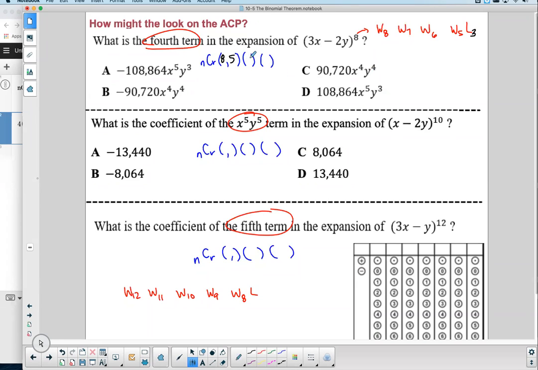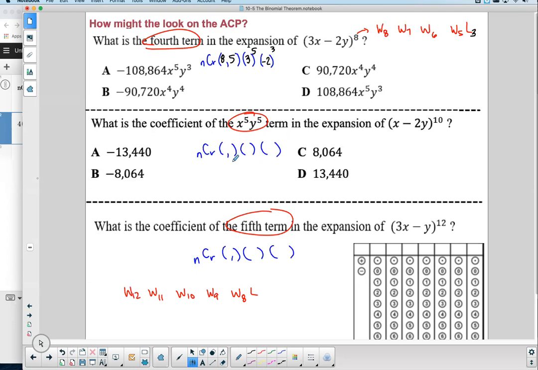What did you put in this spot? 3. 3. And this spot? 2. Okay, that one needs to be a -2. Oh yeah, -2. Forgot about that. Yeah, and we have 5 wins, 3 losses that go there and there. So that would be how you get the answer on this one.